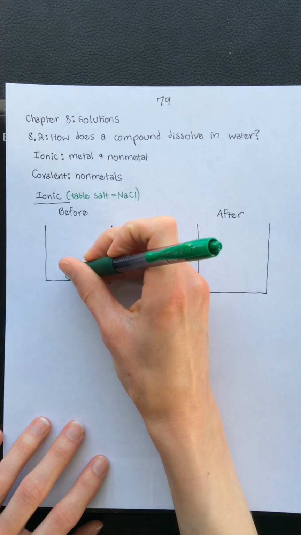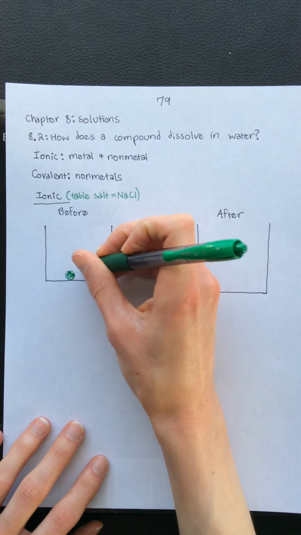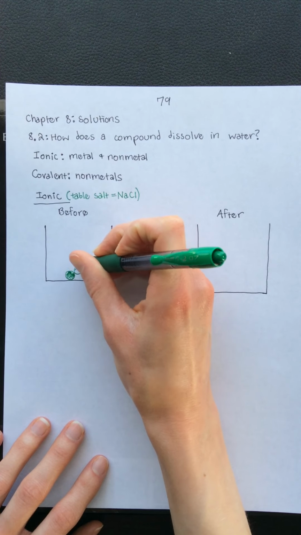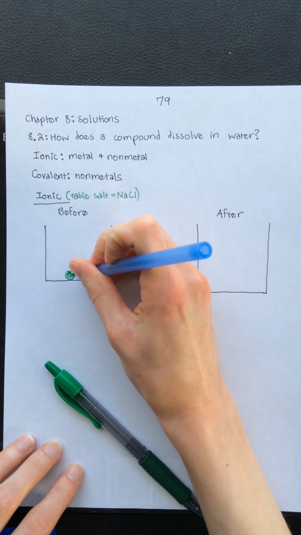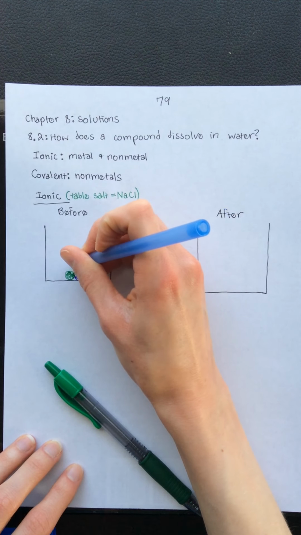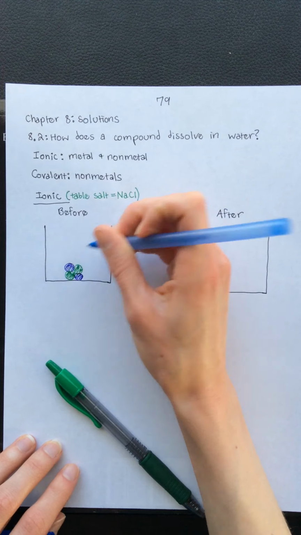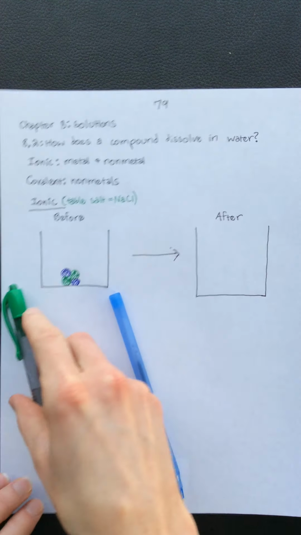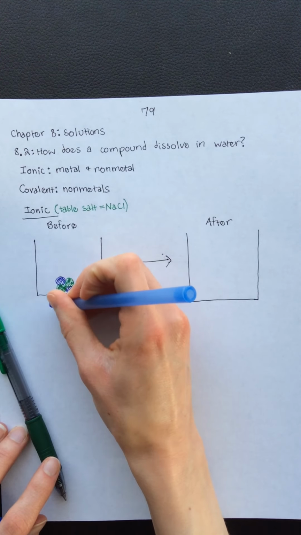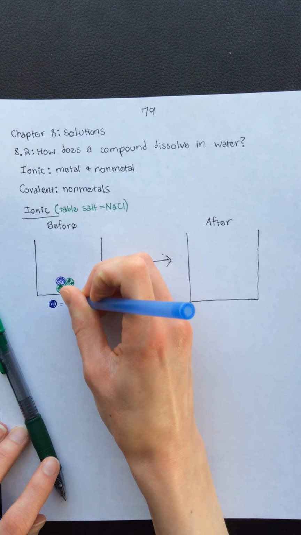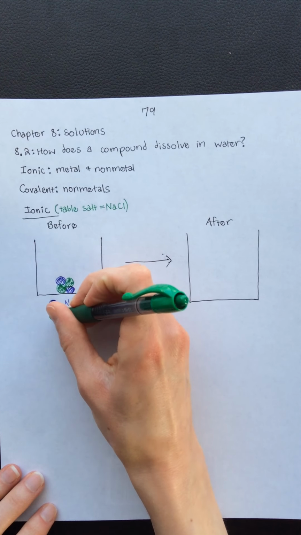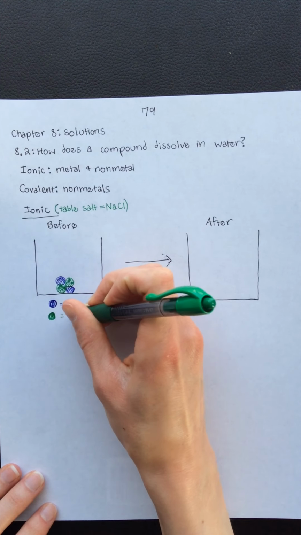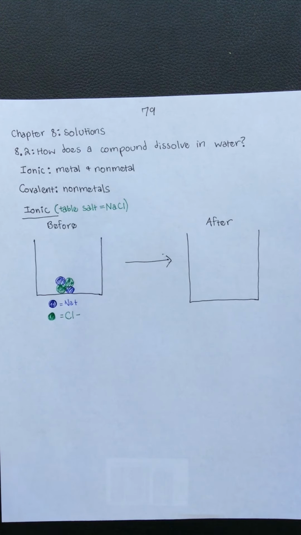To do that, I'm going to draw two circles that are kind of diagonal from each other, and I'm going to make them blue. You can make these whatever color you want. Two blue circles. We're going to say that the blue circle is Na+, so sodium, and the green circle is Cl-, so chloride ion.